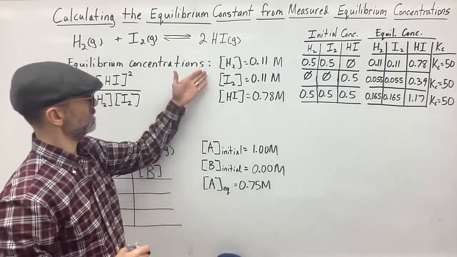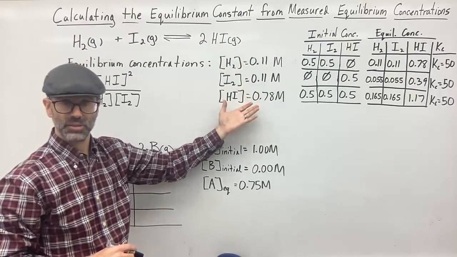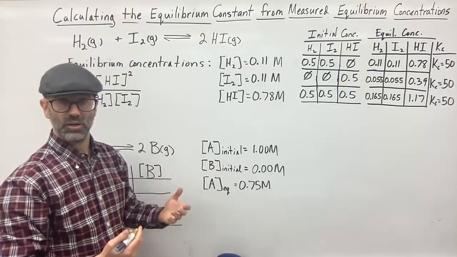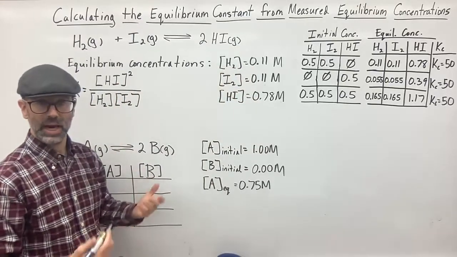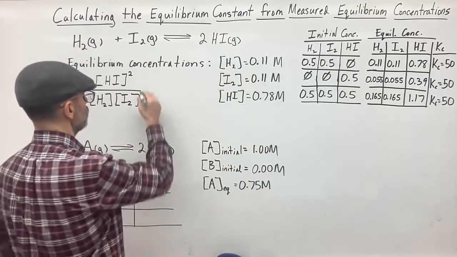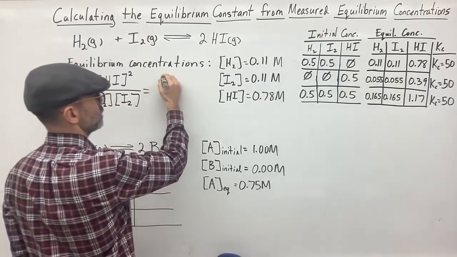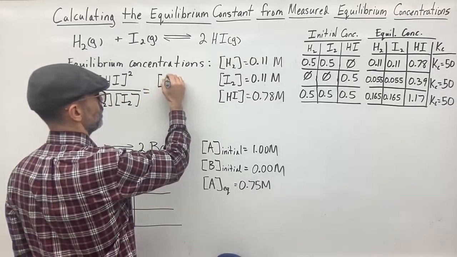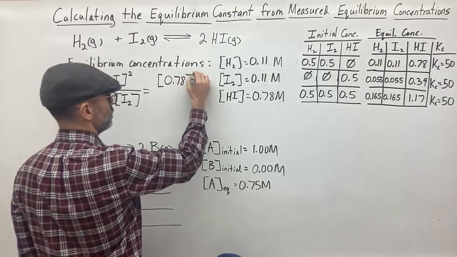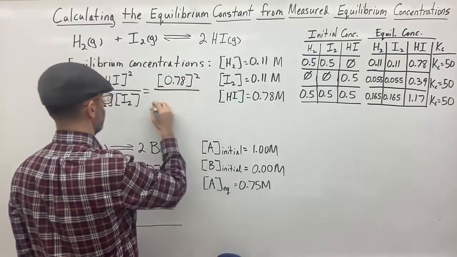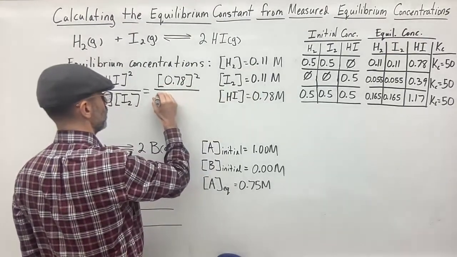In this example, they gave us the equilibrium concentrations, so all we need to do is plug them into our equation and calculate the answer. We get 0.78 squared over 0.11 multiplied by 0.11 for both of those.